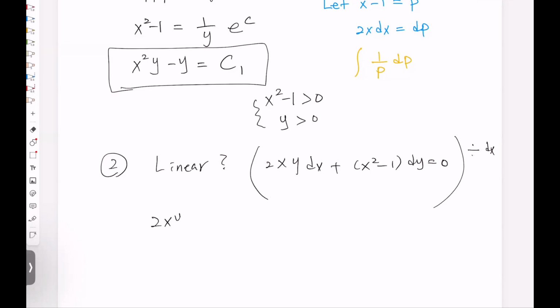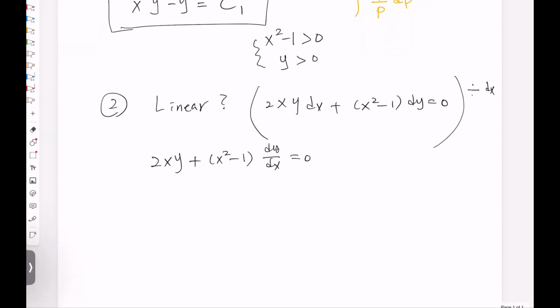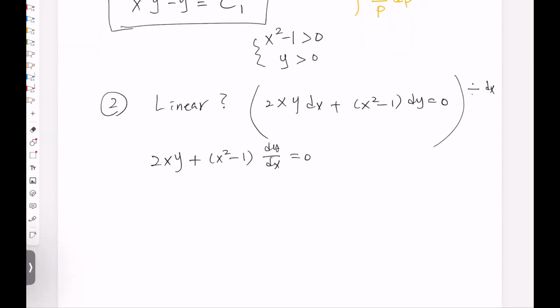So 2xy plus (x squared minus 1) dy over dx equals 0. And this is not the standard form, so we're going to divide everything by x squared minus 1. Then we have dy over dx plus 2x over x squared minus 1 times y equals 0.